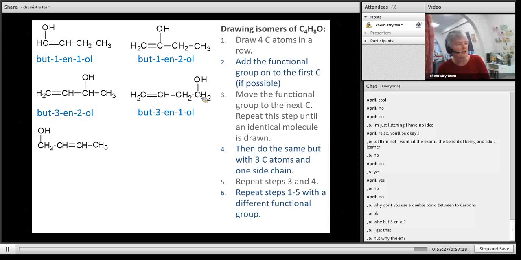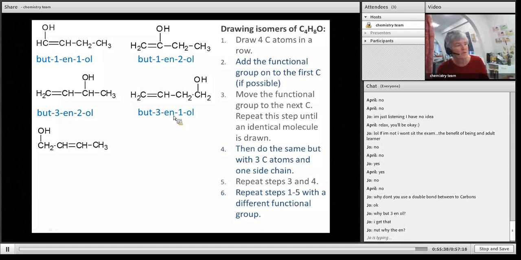Because of the double bond. If it was ane, it means they're only carbon-carbon single bonds. Ene means they are double bonds, and if we're counting that this is carbon 1, then that's carbon 2, that's carbon 3. So we give the position of our double bond on the third carbon.